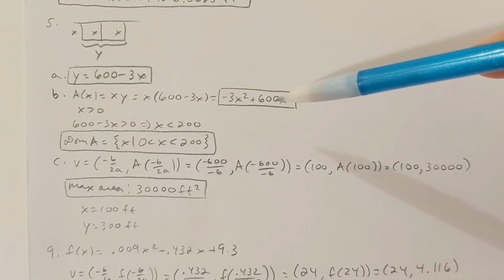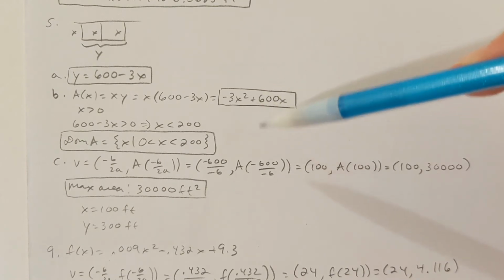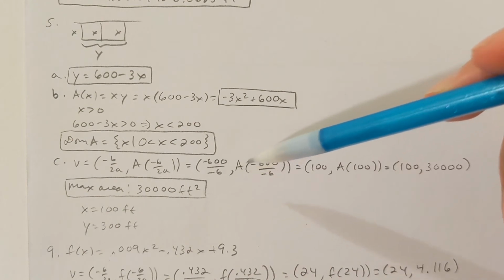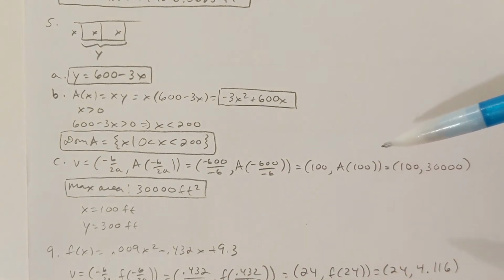Negative b is negative 600 divided by 2a. 2 times negative 3 is negative 6. Negative 600 over negative 6 is 100. And then A of 100.